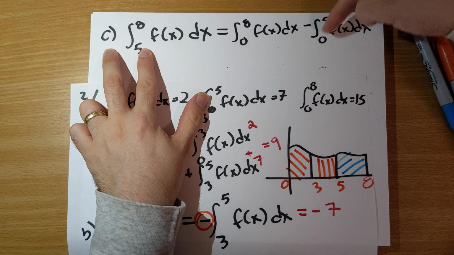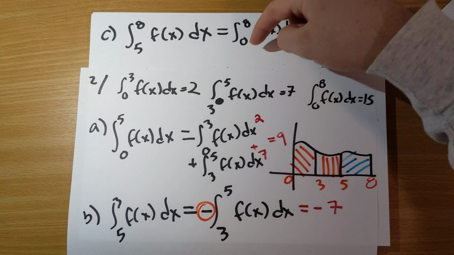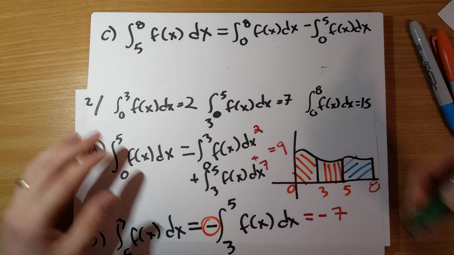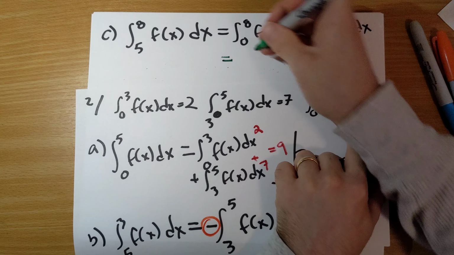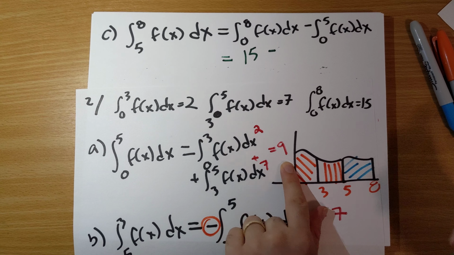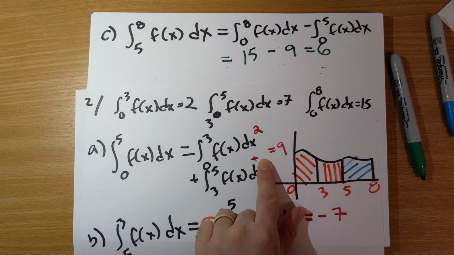You'd have the integral from 0 to 5 of f of x dx plus the integral from 5 to 8 of f of x dx is equal to the integral from 0 to 8 of f of x dx. So then we know both of these. This one here is 15, and this one we found earlier is 9. So our answer here is 6.